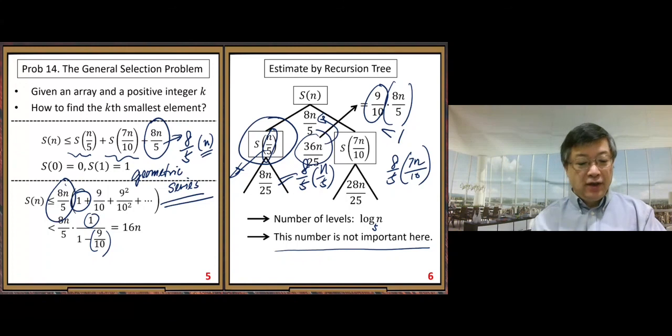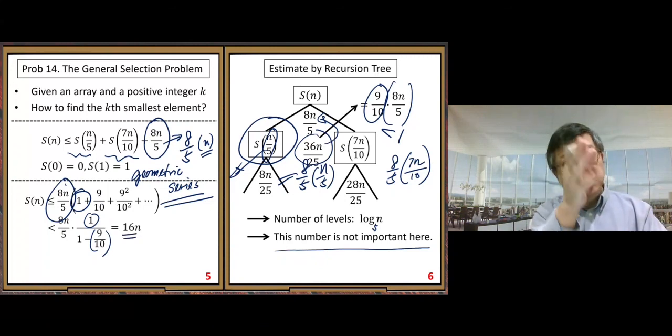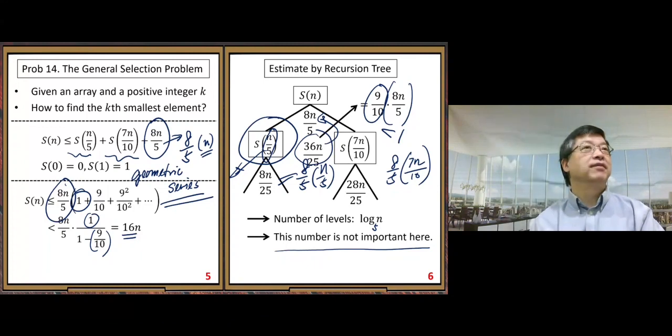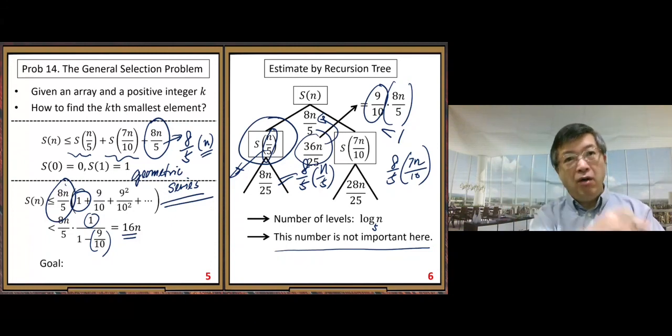After simplification, we get 16n. It's a constant, 16, a constant multiple of our problem size n. Then you can see our conclusion. We achieve our goal: S of n belongs to big theta of n.